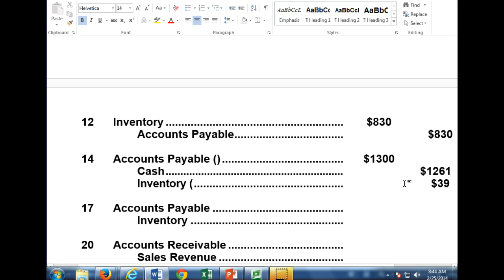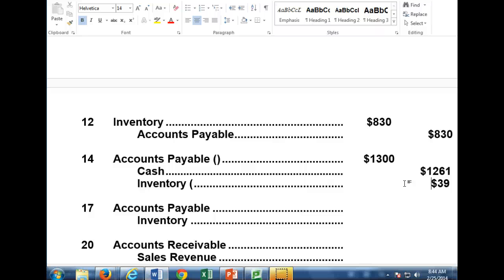Think of it like this. Let's say that we are purchasing 12 tables, and originally we were going to spend $250 a table. Times 12 tables would be how much? About $3,000. So we're going to spend $3,000, and this $3,000 is going into inventory. But what if we had a discount saying 2% off if paid in 10 days, or net 30?